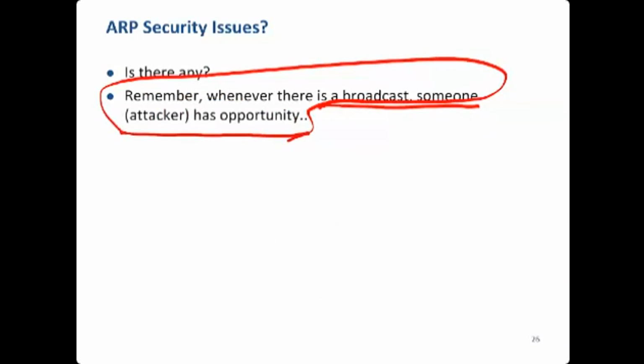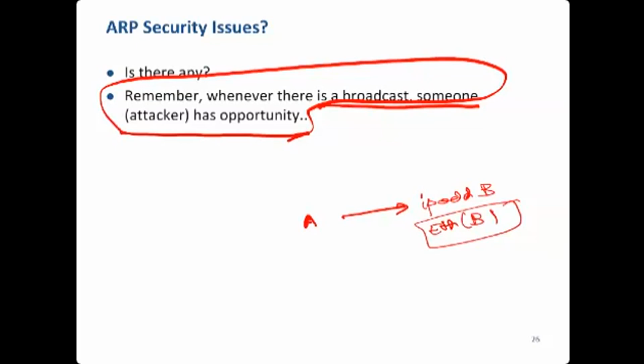Respond back with what? A is asking, giving the IP address of B and asking: give me the Ethernet address of B. This is what A wants.